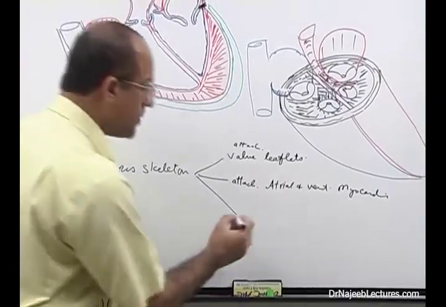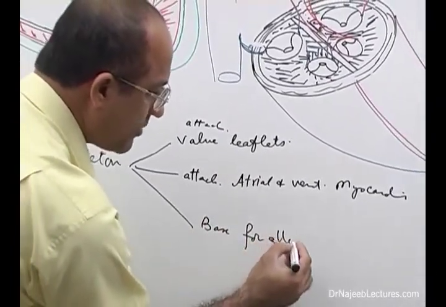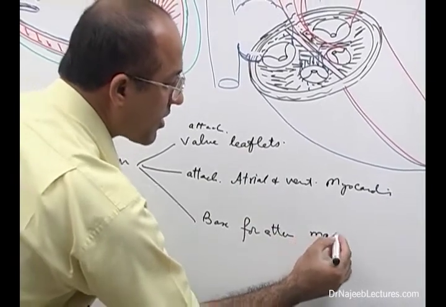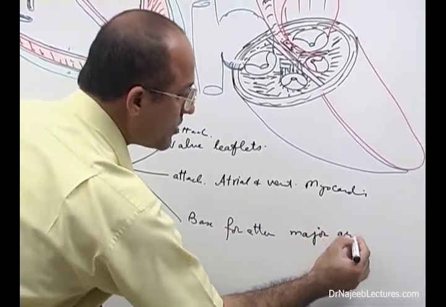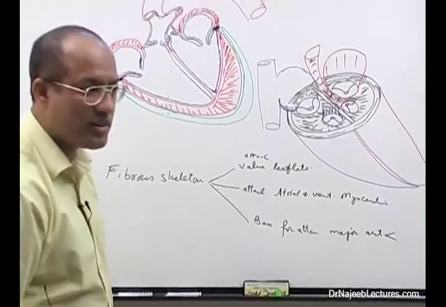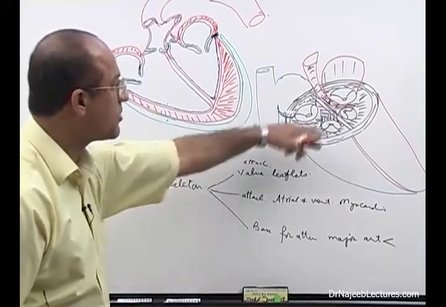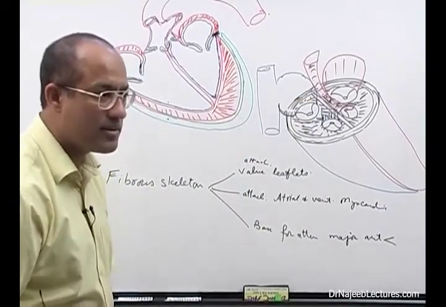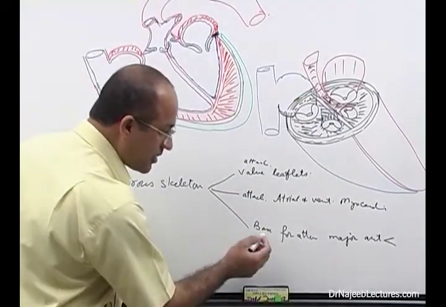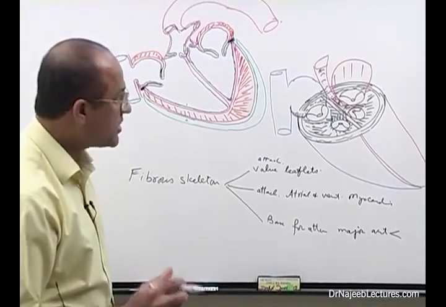Then it provides the base for the attachment of major arteries, aorta and pulmonary artery, right? I have seen people who have studied the whole heart without knowing there is something like that, right? So it provides the base for the attachment of major arteries.